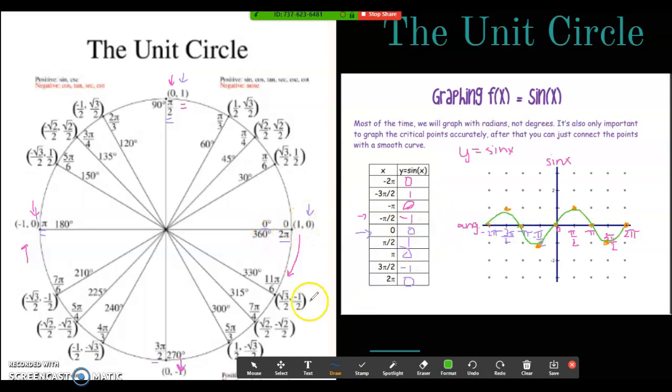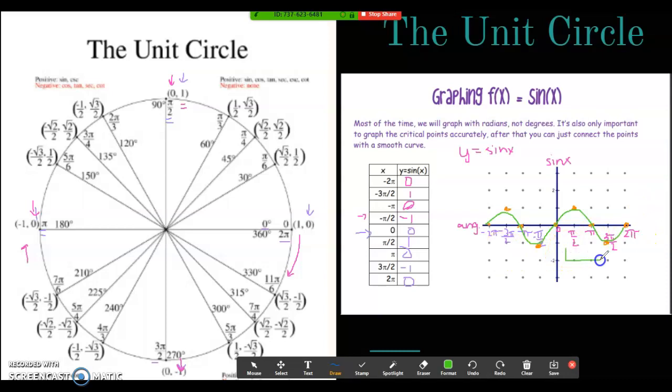If we were to continue around the unit circle, round and round, and kept getting sine values for angles, we would continue to get this smooth continuous curve. Notice the curve starts at 0, and if we move in a positive direction, it goes up and then down, and it stops at 2 pi, and then it will repeat and do the same thing over and over again.